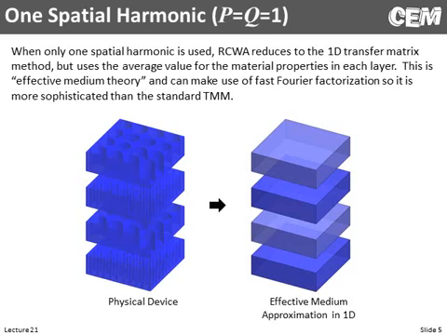And in fact, there's a whole bunch of papers that approach effective medium theory from this perspective. They developed this Fourier space mathematical formalism. They only retain one, sometimes two, spatial harmonics, and they derive effective material properties from that. So when we use only one spatial harmonic, this really means we're just going with the average value.